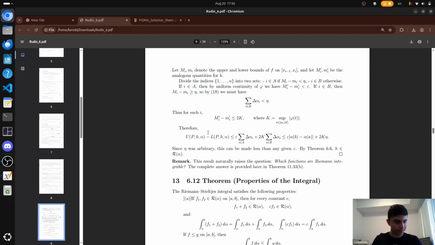Okay. So that means UPH alpha minus LPH alpha is less than or equal to, okay, let me write it out for you.